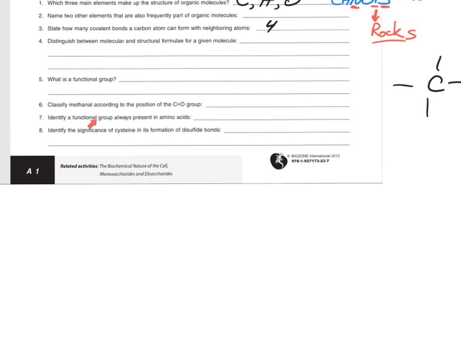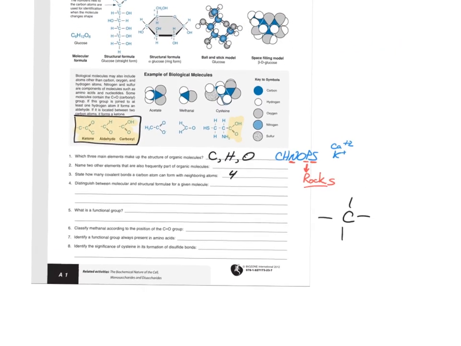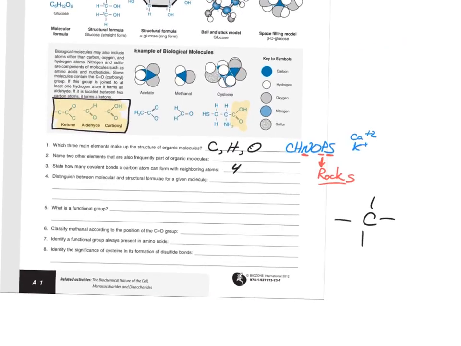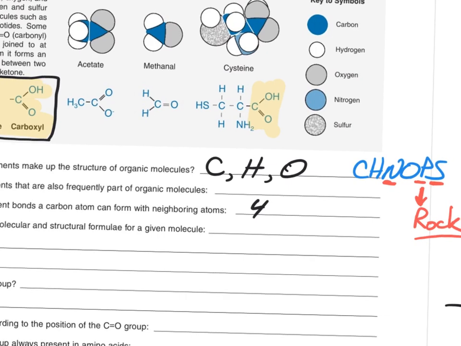Classify or identify a functional group always present in amino acids. Well, you would know that because they don't really discuss it here. But this is the functional group that's always in amino acids. Are you ready? Guess what we call that? The functional group that's always in amino acids.